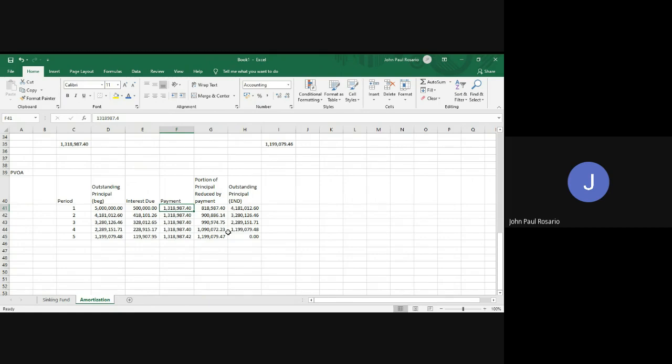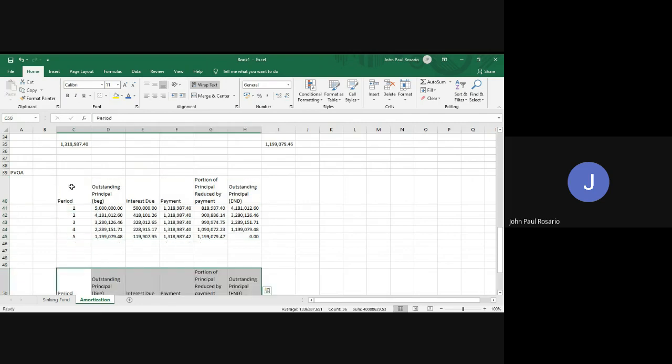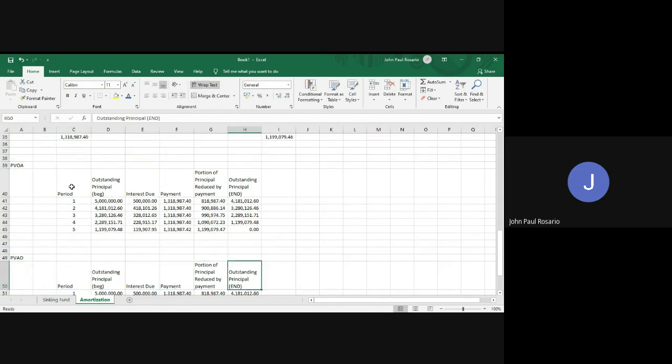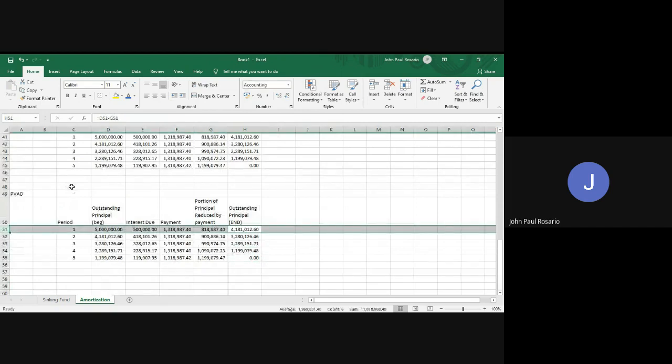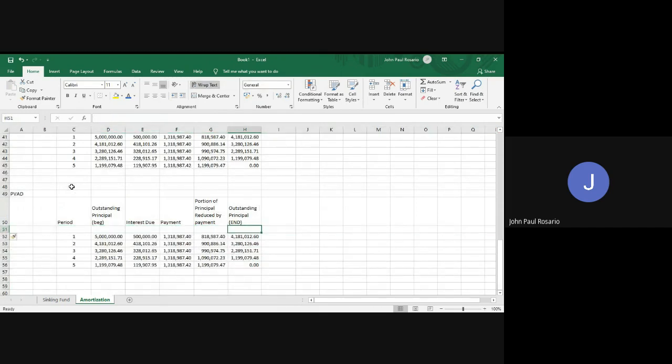Okay. Now, after solving for this one, let's go to the table for our present value of annuity due. So what will happen if present value of annuity due is the question? Know that for annuity due, our outstanding principal here is already reduced by our first payment.